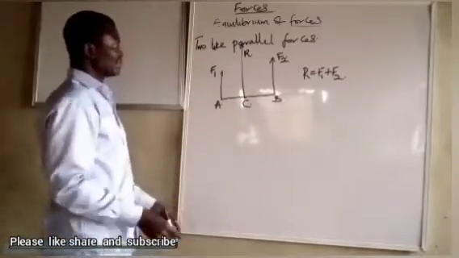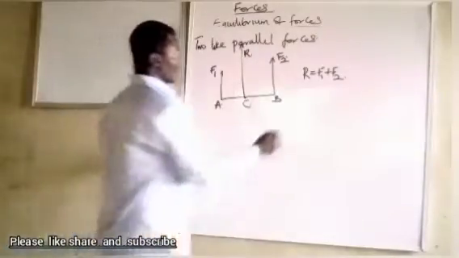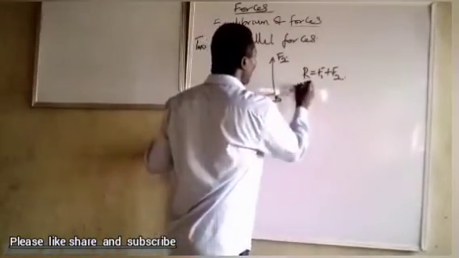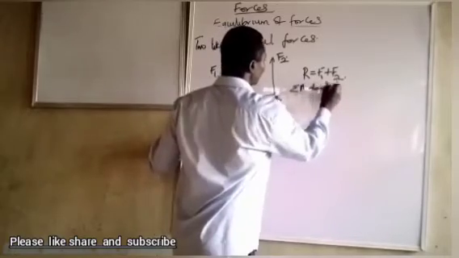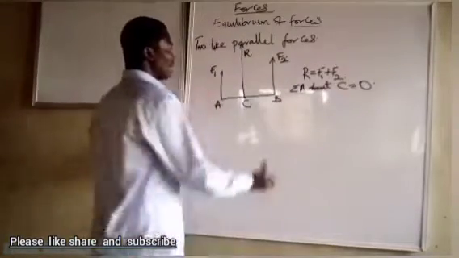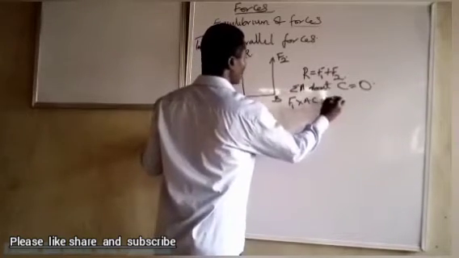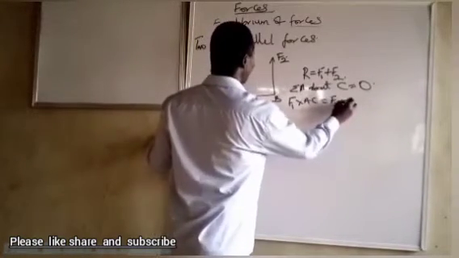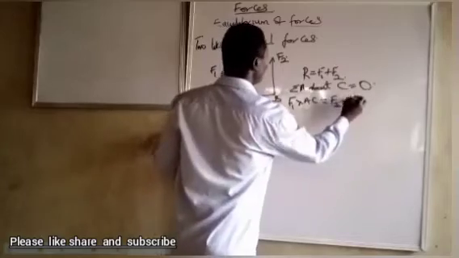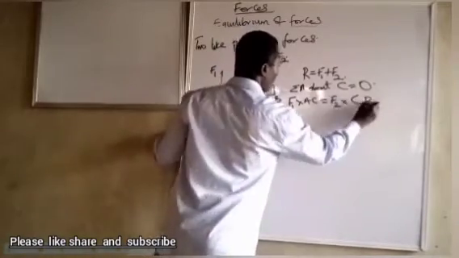How do we get C? The moment of R about C will be 0. So summation M about C is equal to 0. So now we have F1 times AC will be equal to F2 times CB. Let's put it that way.